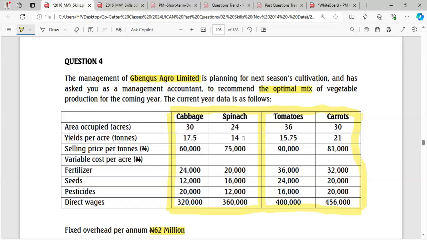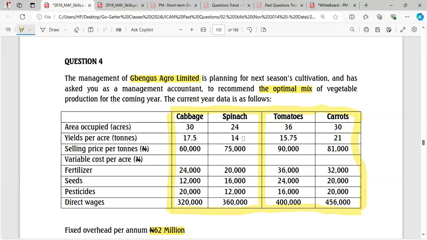How many crates will you house them in? You simply say 70 eggs divided by 14 eggs per crate, which will give you 5 crates. So 5 crates times 14 eggs gives you 70.